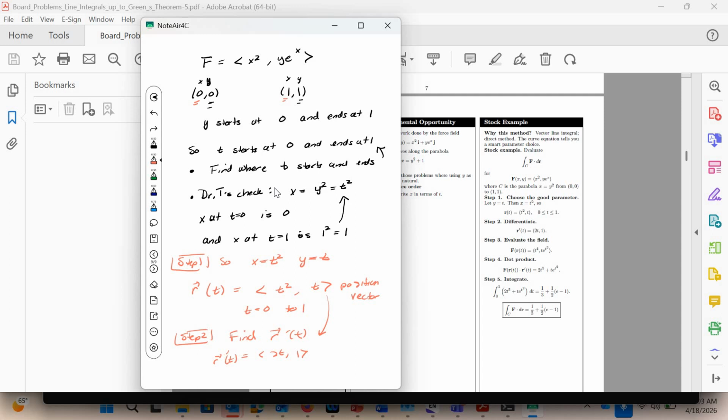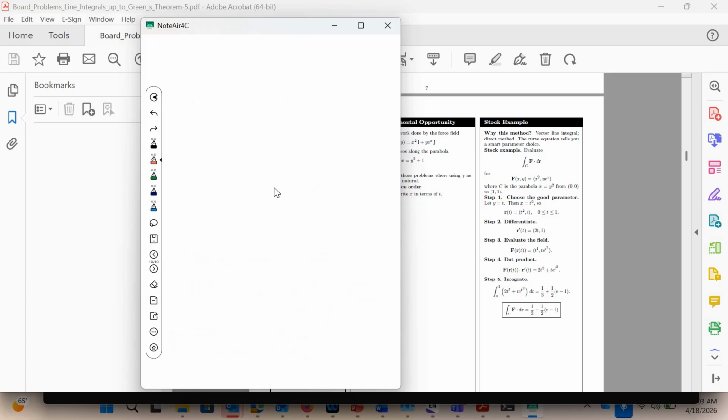That's going to give you t to the 4th times 2t plus t e to the t squared times 1, which is equal to 2t to the 5th plus t e to the t squared, like that. Your regular dot product. And then step 5 is to integrate. Yes. And now you're at calc 1. T goes from 0 to 1.